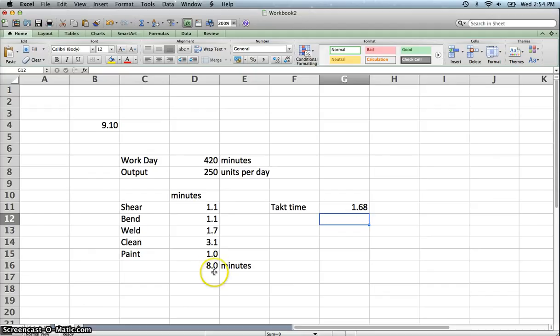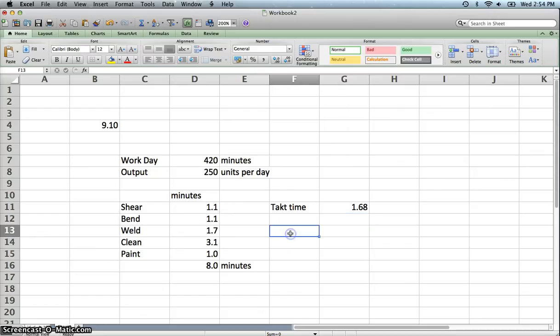Now we have a problem here because you'll see that it takes one worker 8 minutes to actually produce the unit, where we need to be producing one in every 1.68 minutes. So we need to figure out how many workers or cross-trained employees we need to do this.